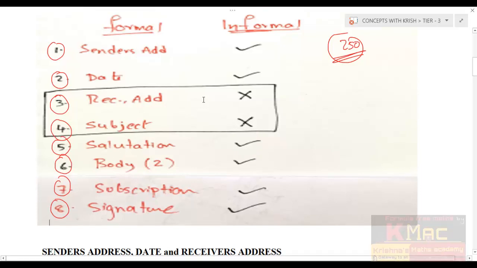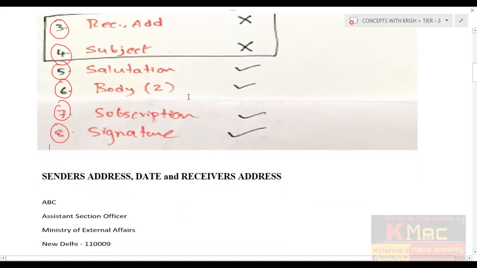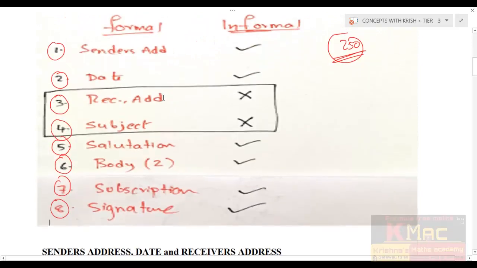Just the sender's address is enough, and that sender's address you need not write in detail. You have to be very concise and very brief. I'll touch upon that topic later. So for now, first let's move to sender's address, date and receiver's address, these 3 parts.